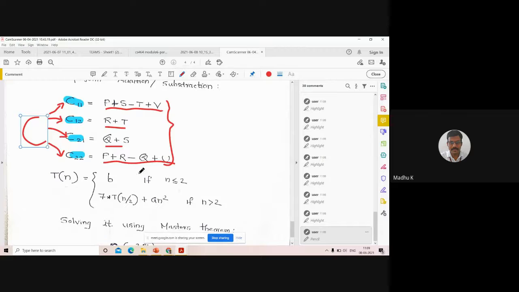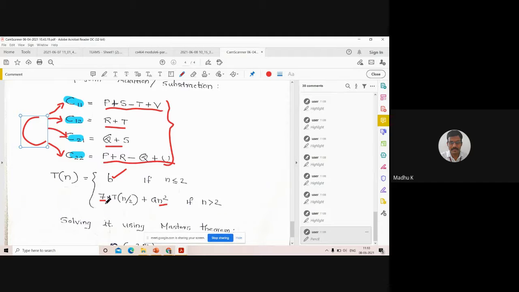So in this case, if n is less than or equal to 2, it will take constant time. Else it will take 7 into T of n by 2 plus n square. In the previous case, it was 8. Now here it is 7 into T of n by 2 plus n square.